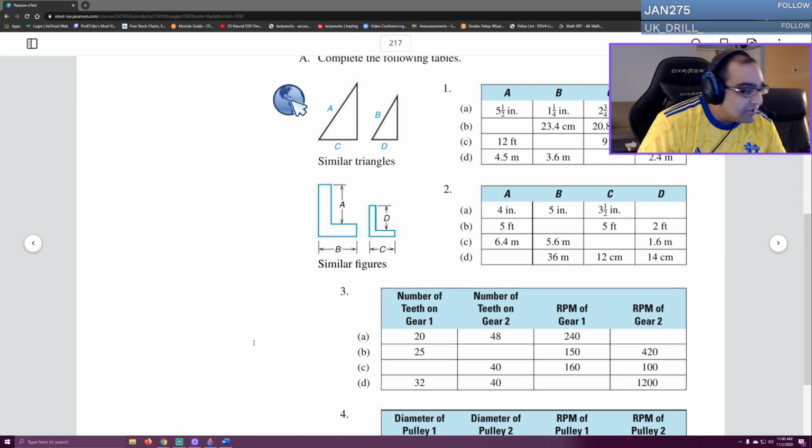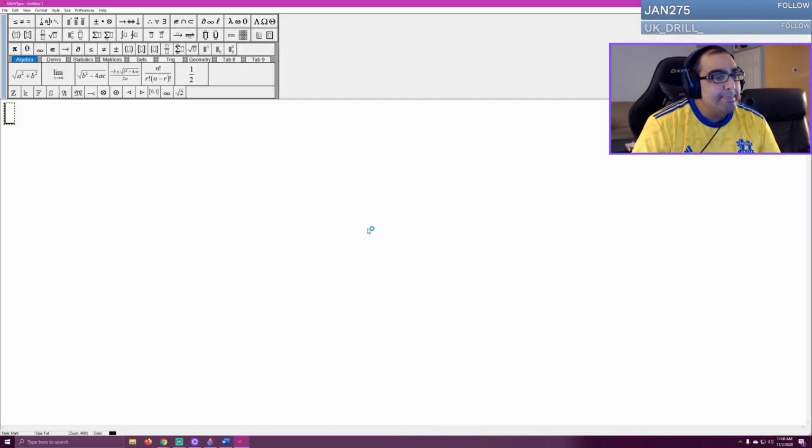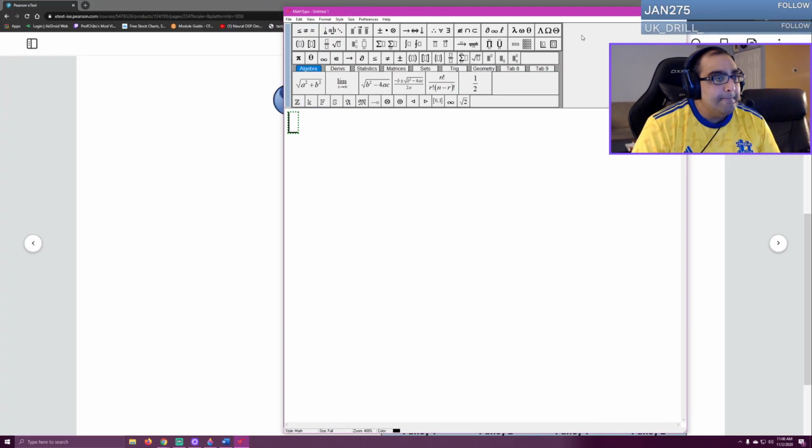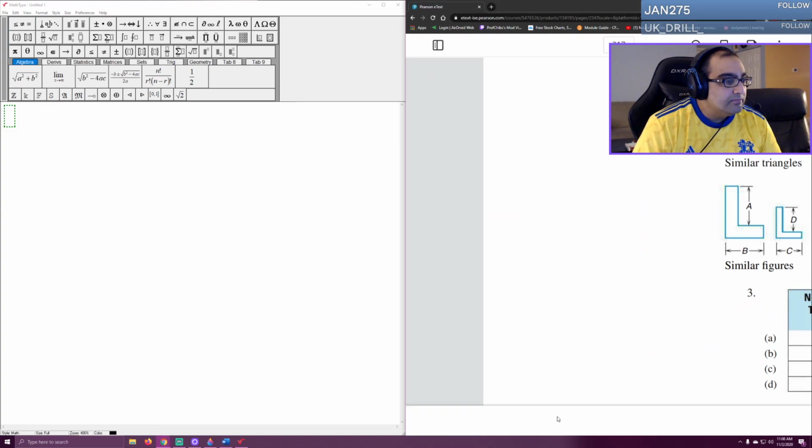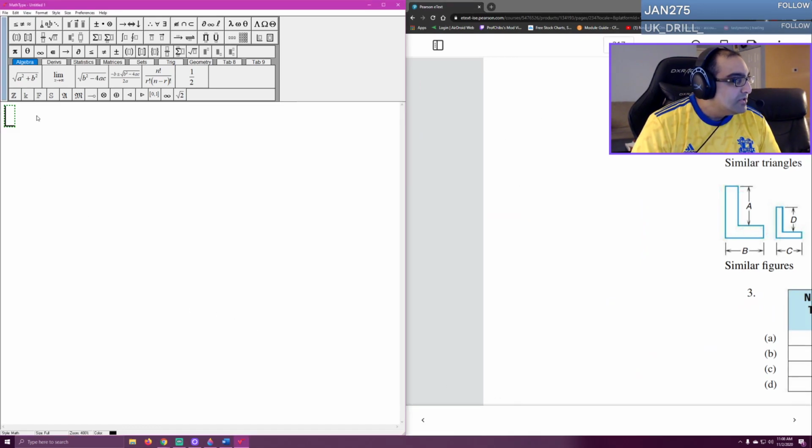Okay, so what we're going to have here is two fractions. We're going to have one fraction equal to another fraction, just like we had from before. Now what I'm going to have up top is the x meters that we had from before.